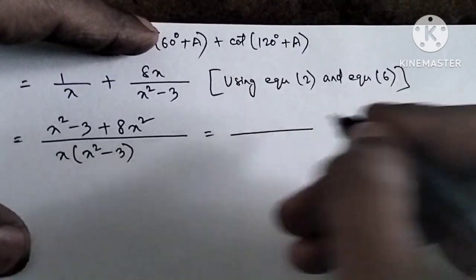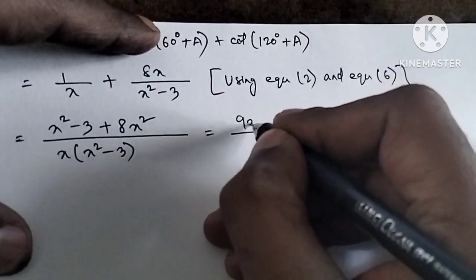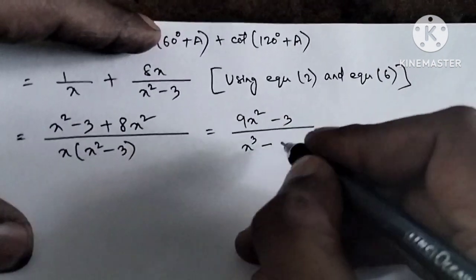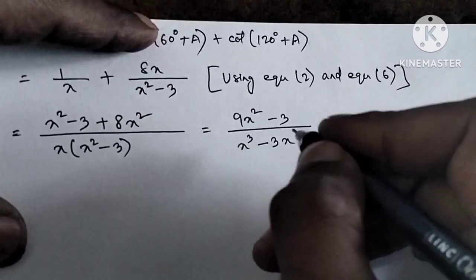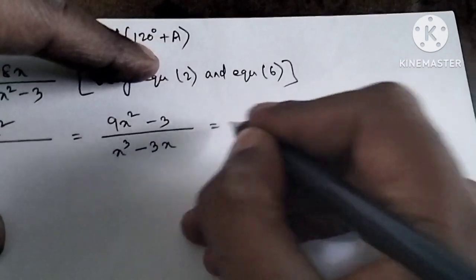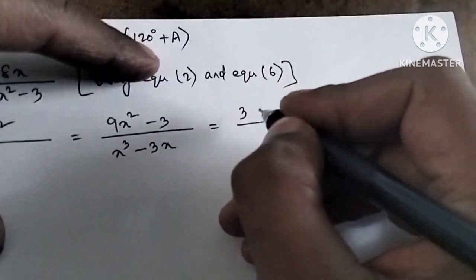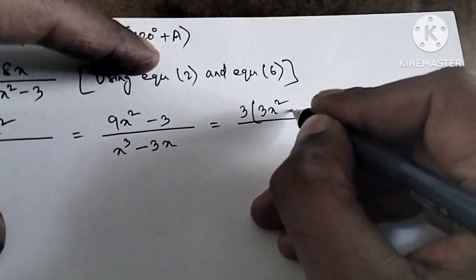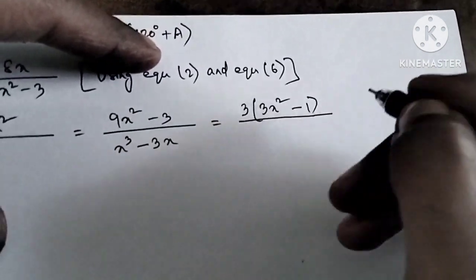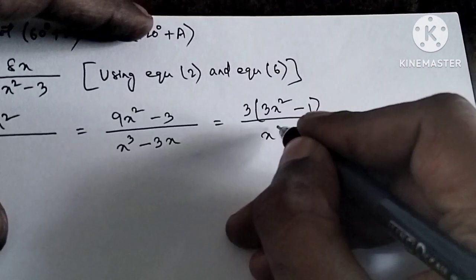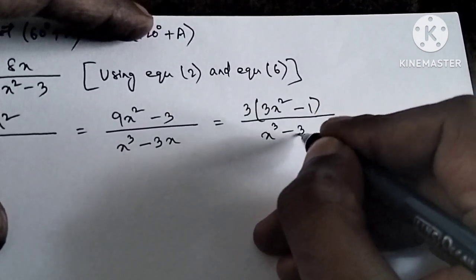So it will be 9x square minus 3, over x cube minus 3x, right? So this we can write in this way also, 3 into 3x square minus 1, and in the denominator x cube minus 3x, right?